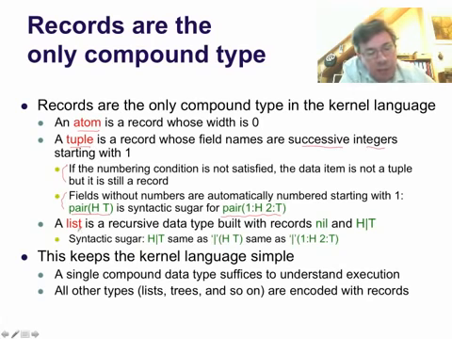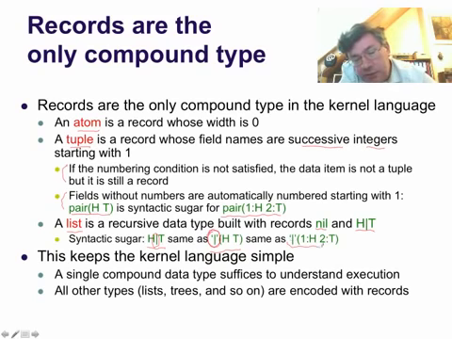Okay, so that's tuples. A list, which we have seen already as a recursive data type, is built with the two records nil and H bar T. Notice H bar T is syntactic sugar for a bar H T. The bar here has to be enclosed in quotes because otherwise there would be a confusion with the bar used infix in between the two arguments.